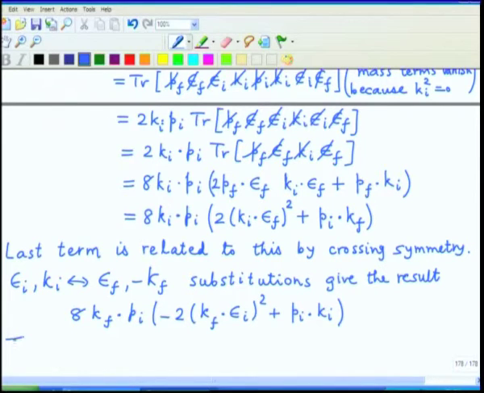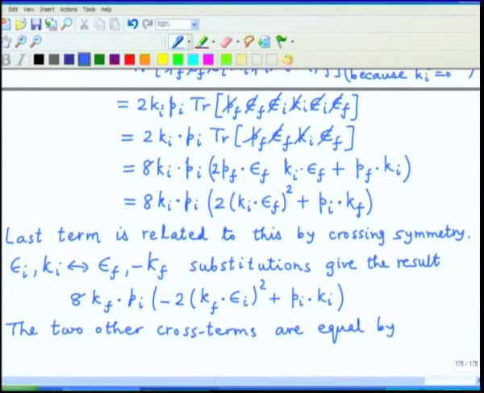The two other cross terms are equal by crossing symmetry.